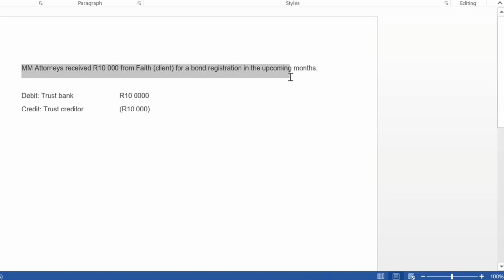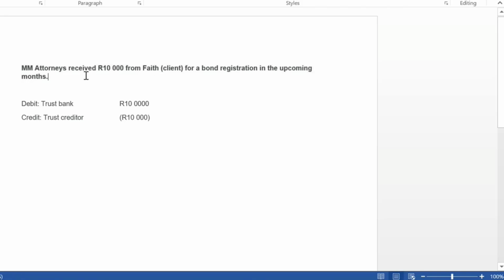Can you see, guys, that especially when you as an attorney receive money for work that is not yet performed, the attorney will debit the trust bank with 10,000 and credit trust creditor Faith with 10,000.